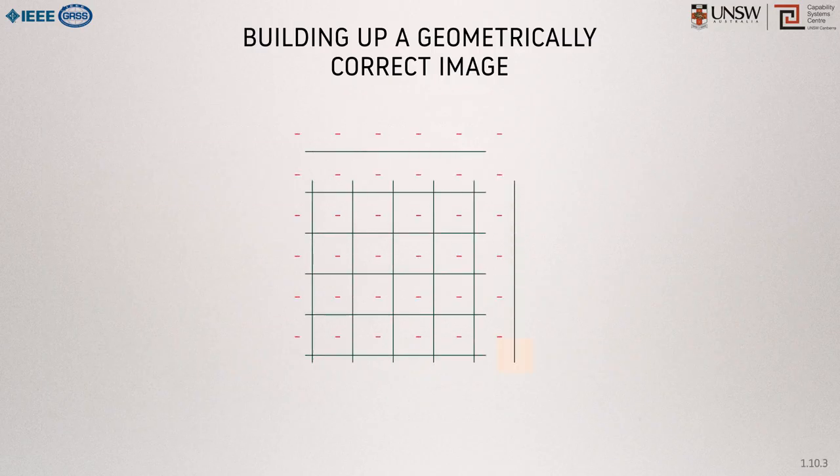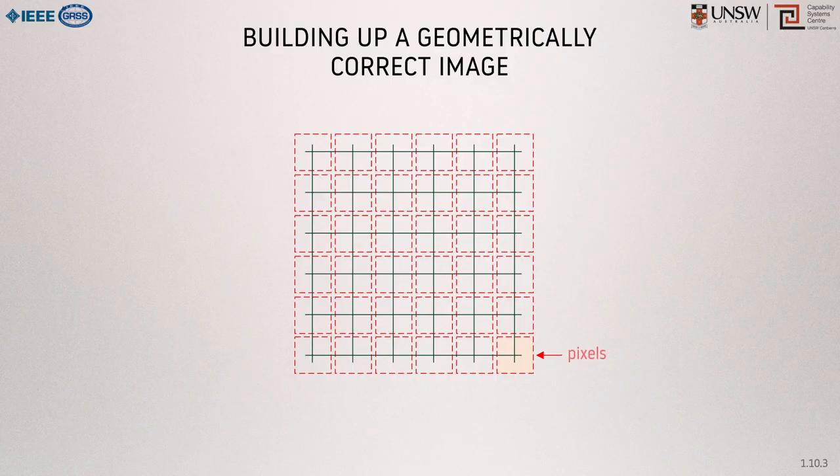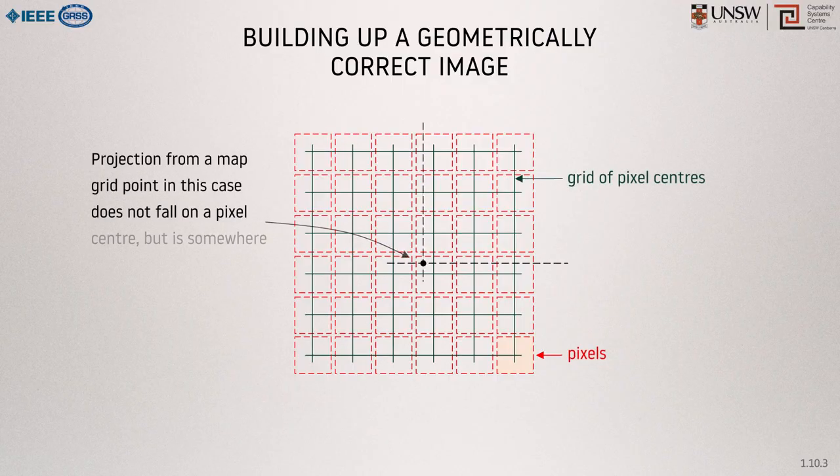Here we show the mapping from the geometrically correct map to the image for the general case where the projected image coordinate does not match a pixel grid center exactly. Instead, the projected point lies somewhere in a region bounded by 4 grid centers.